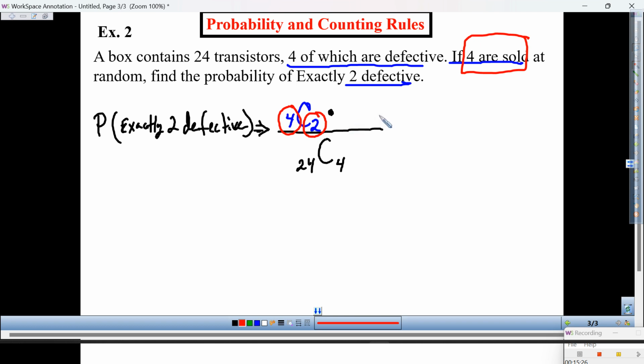Talk to your neighbor, let them know what you would write here. There's a little bit of thinking to do. Let's see, what would you write, Mel? It's 20C2. Because we're extracting what? All the 4 of them, right?